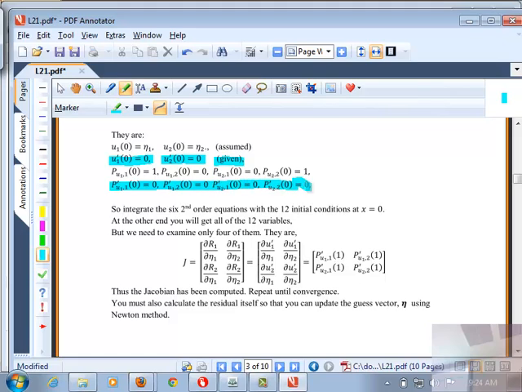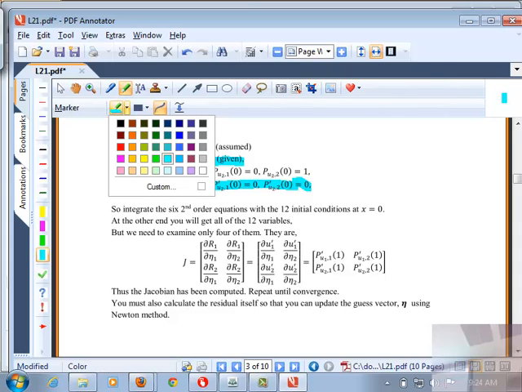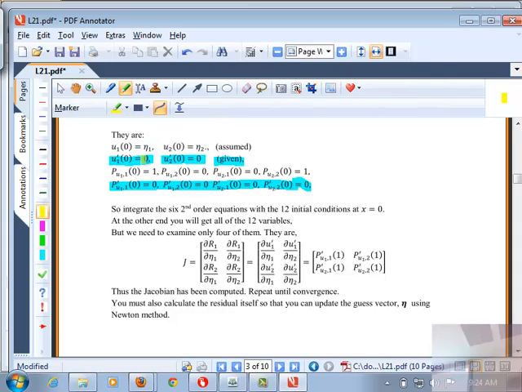okay, I made an assumption about what the values are. So this is assumed. So u1 is assumed to be eta 1 and u2 is assumed to be eta 2. So I give an initial guess for eta 1 and eta 2, so I know what they are. Okay. Now I can go back to that and take its derivative with respect to eta 1 and eta 2. So if I take the derivative of u1 with respect to eta 1, what do I get? It's 1.